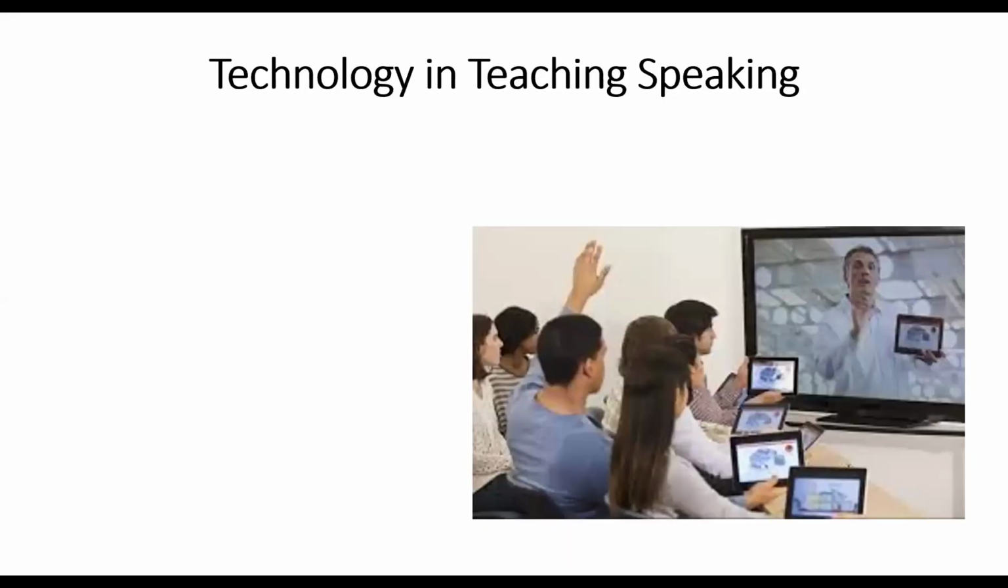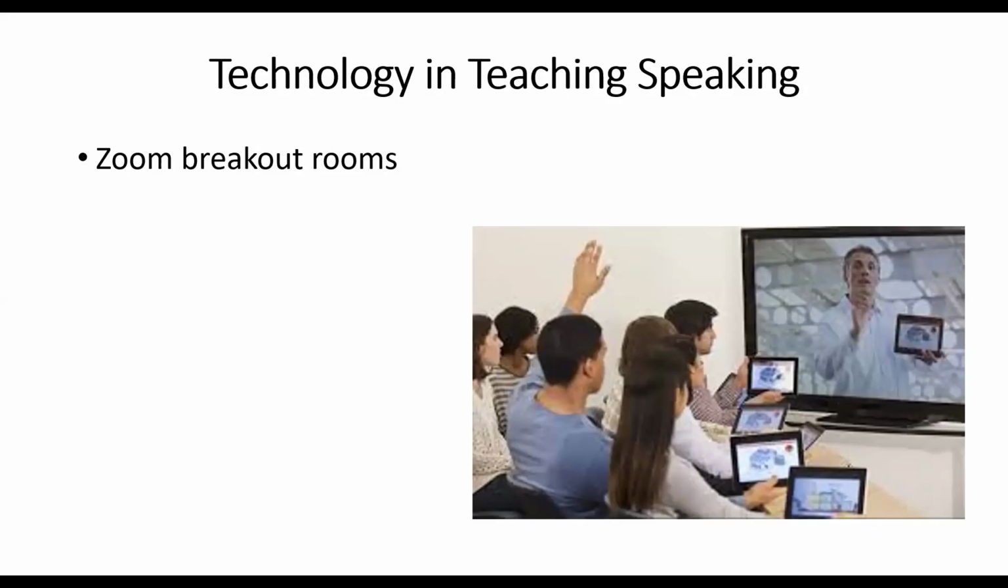And then the technology in teaching speaking. Like what we use right now, we use Zoom, and I often use Zoom breakout rooms to assign my students to speak in their groups. For example, there are 20 students, and I will divide them into 5 groups. Each group consists of 4 students, so there will be 5 breakout rooms.